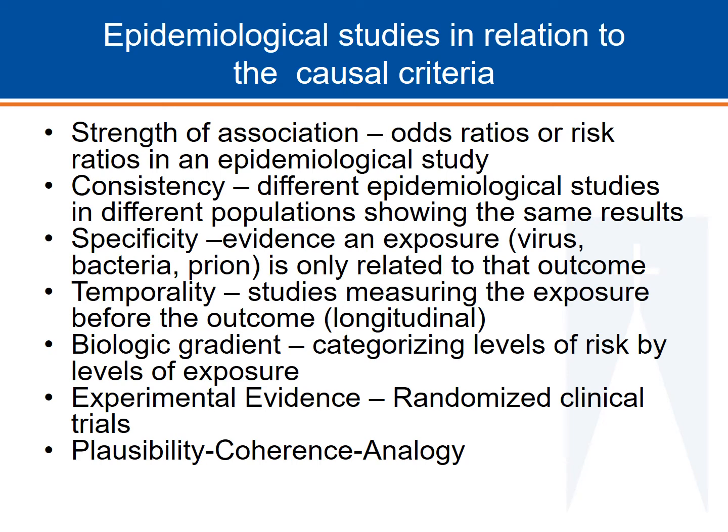One of the criteria that we sometimes use in epidemiology, although not always, has to do with biological gradient. If the exposure has different levels of dose, often epidemiologists will categorize the different levels of dose and evaluate whether that relates to risk outcomes at different levels of exposure.